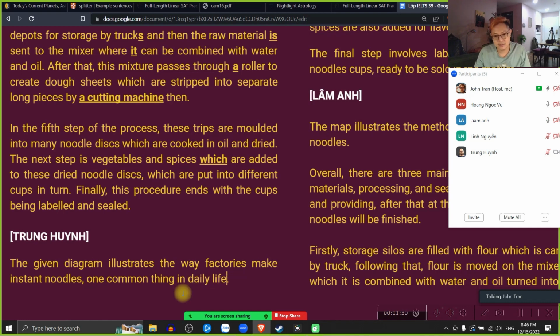Tránh dùng những đại từ nhân xưng để cho nó thấy cái sự cá nhân quá của bài viết nha. Try to avoid personal pronouns because you don't want to make the essay sound personal. One common thing in daily life is enough. Một thứ thông dụng trong đời sống hàng ngày là đủ rồi.